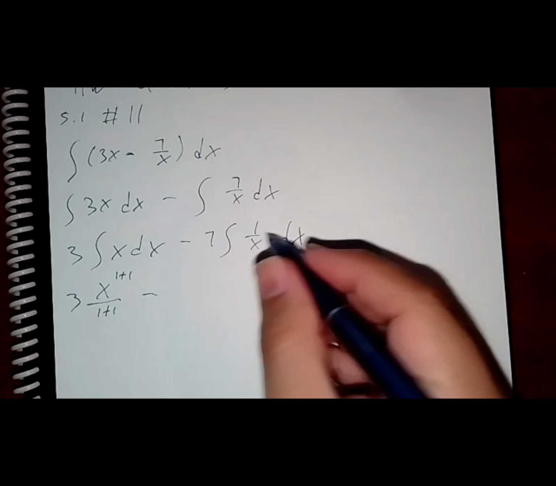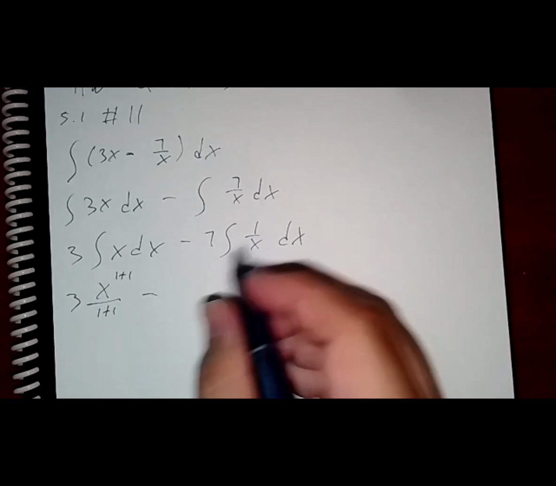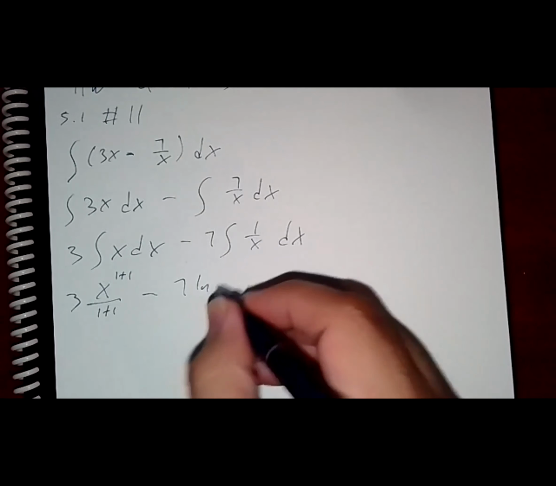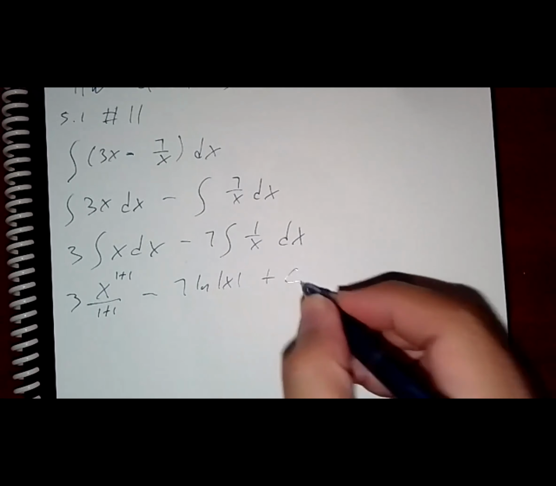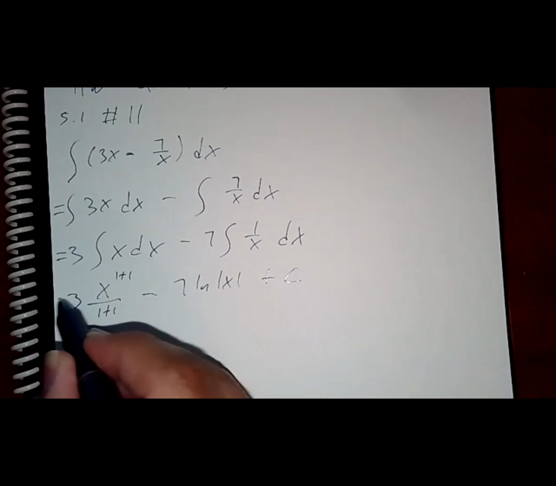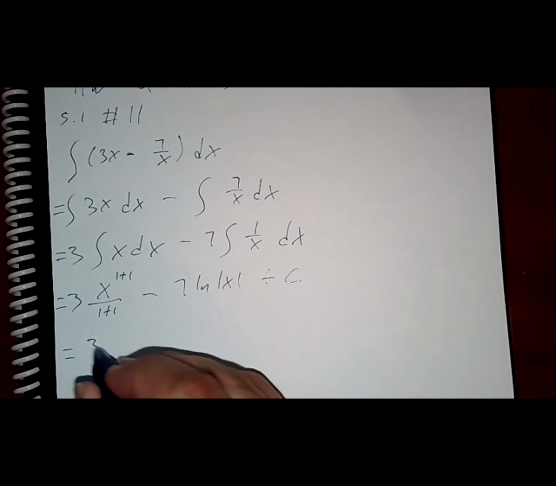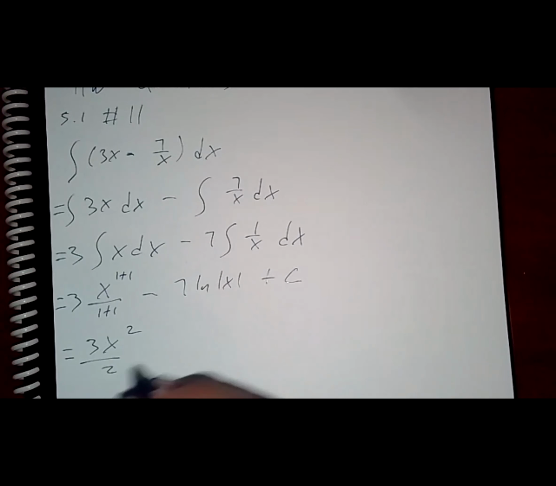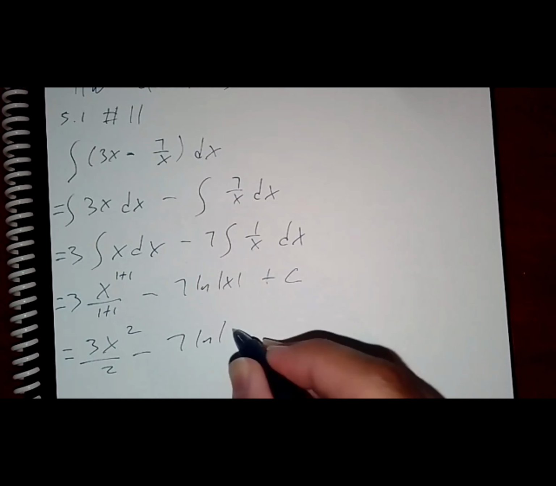Minus integral of 1 over x is the logarithm. This is the ln rule, so it'll be minus 7 ln x plus c. So the answer will be 3x squared over 2 minus 7 ln x plus c.